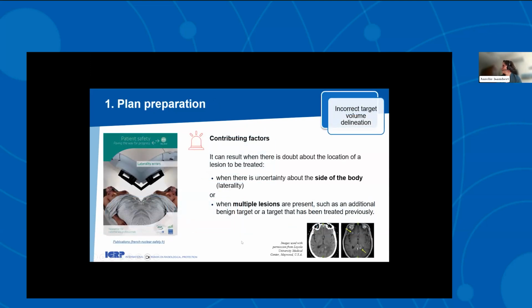For the first one, in the reports available on the different websites I showed you before, the contributing factors identified are when there is a doubt about the location of the lesion to be treated, and so an uncertainty about the side of the body, which had the consequence of laterality errors, or when multiple lesions are present, such as an additional benign target or a target that has been treated previously.